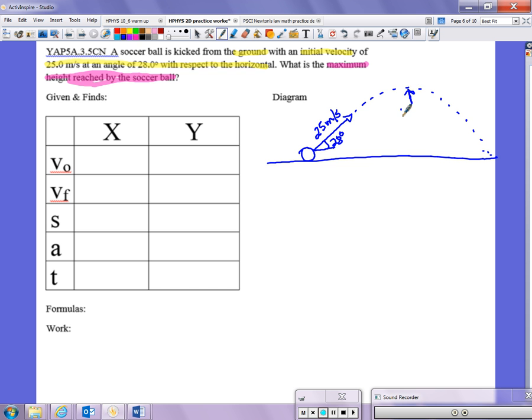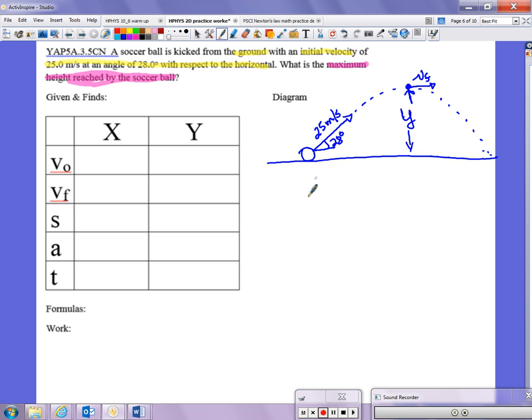So it wants us to look right here at this displacement, and at this point we have to think, what does our velocity vector look like here? Our VF is going to look like that, and it's actually going to be the x component of our initial velocity vector.